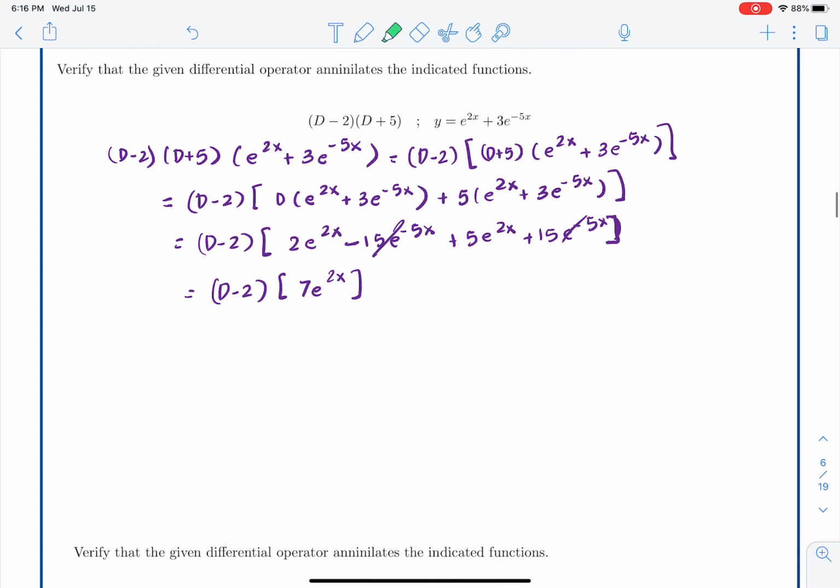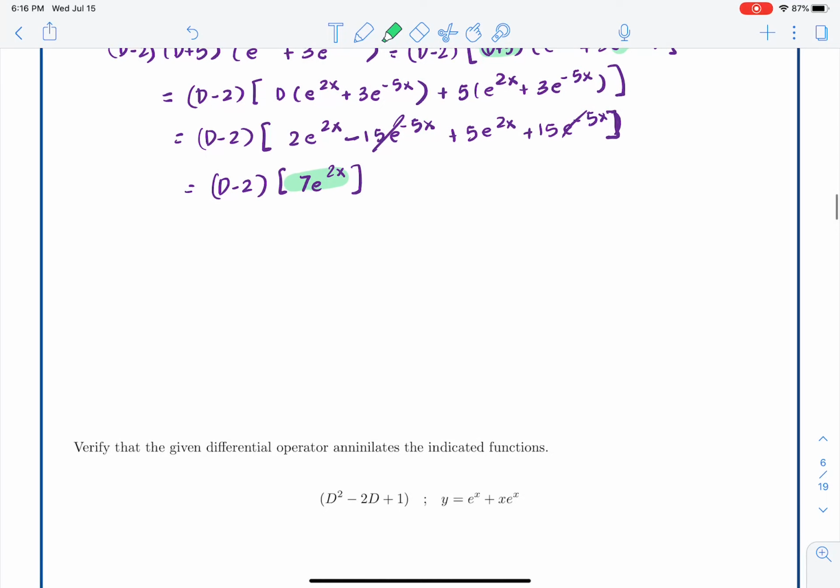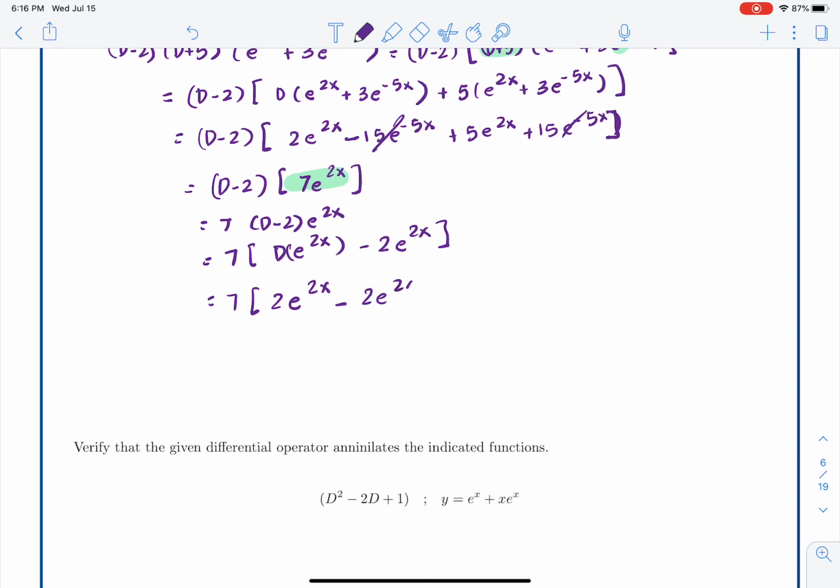Clearly, D plus 5 got rid of e raised to minus 5x. We don't see it over there. It is gone. Now, naturally, D minus 2 is going to get rid of that e raised to 2x. So 7 comes out. I have D minus 2 applied to e raised to 2x. So 7 times D e raised to 2x minus 2 e raised to 2x. The derivative of e raised to 2x is 2 e raised to 2x, minus 2 e raised to 2x.